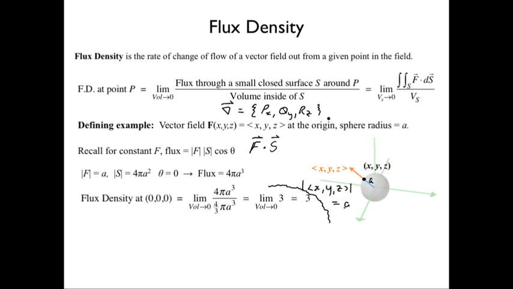What do you get? You do it. You get 3, right? You take the partial with respect to x, and the partial with respect to y, and the partial with respect to z, and you do what? Add them up, right? The divergence is just the partial with respect to x of the x component, partial with respect to y of the y component, partial with respect to z of the z component, and we add them up. So this isn't really right.